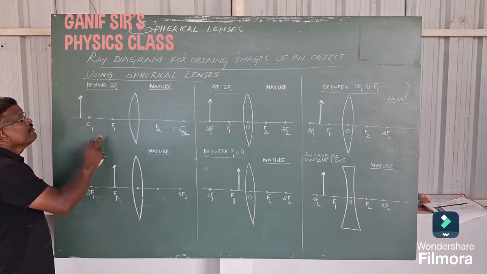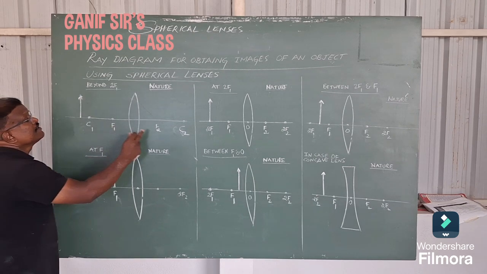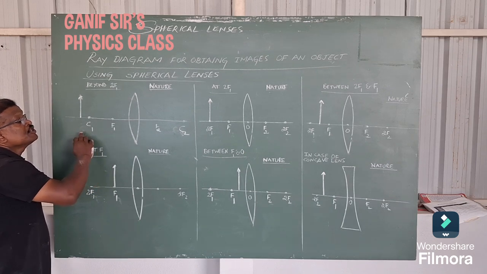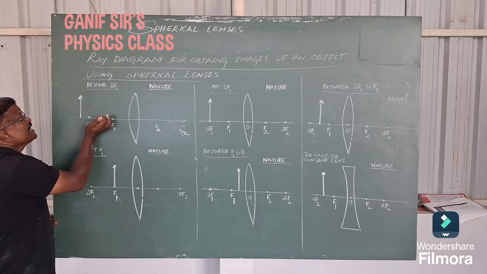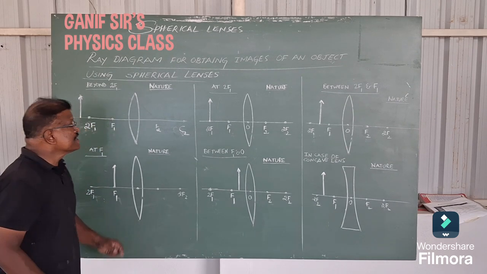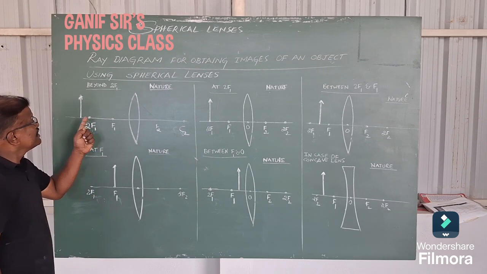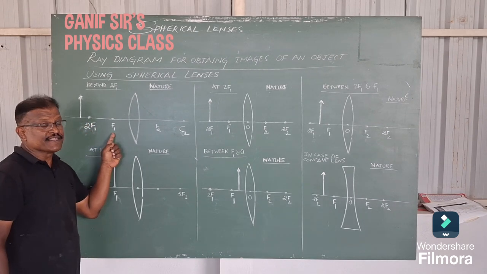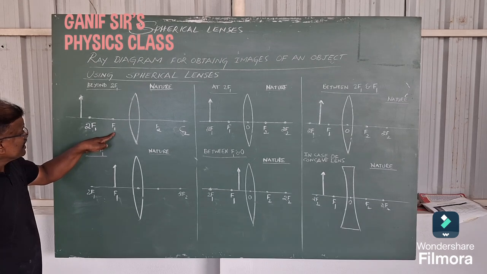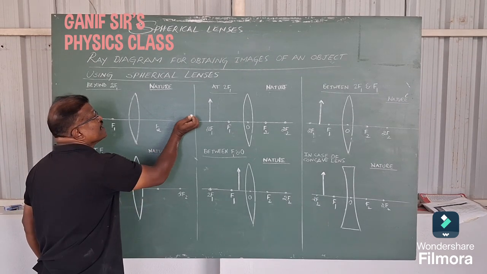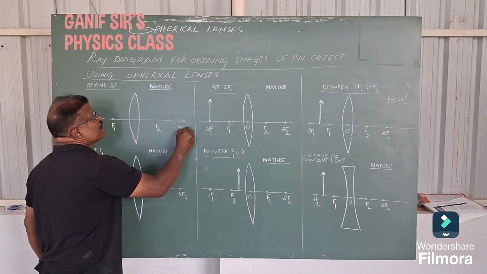And other thing, we are familiar that the spherical lenses have two centers of curvature. I replace this center of curvature with 2f1, as we know that the radius of curvature is twice the focal length. That's why here I write 2f1, and I replace this with 2f2.